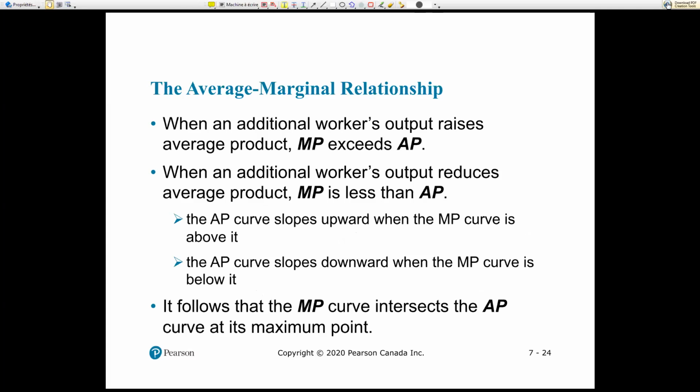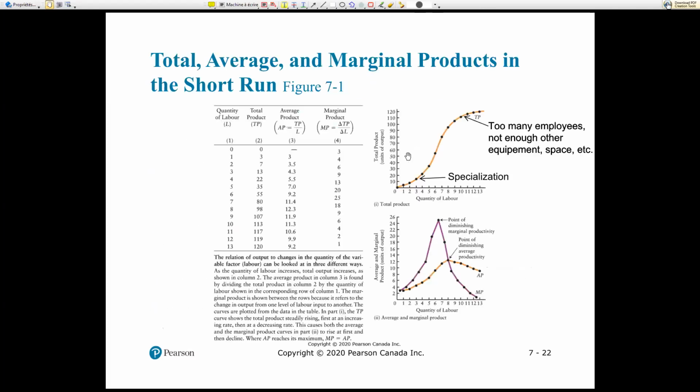All right. So this is just a summary of what we've said. When an additional worker's output raises the average product, it's when the marginal product exceeds the average product. So it's in this region here. Here the marginal product exceeds the average product, so average product increases.